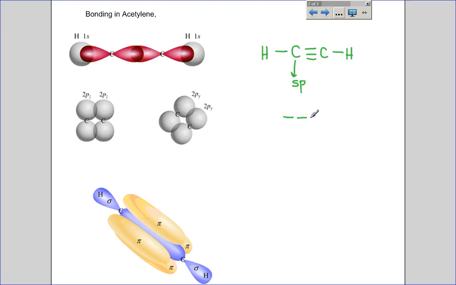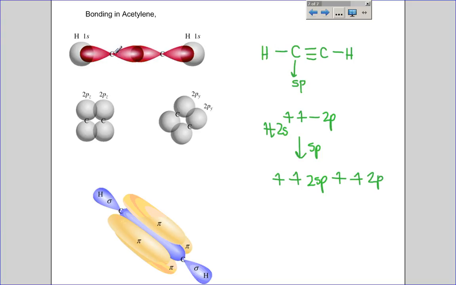So this time, we're going to take our 2s and our 2p. When we have our sp hybridization, we're going to have 2 hybrids that are sp orbitals. And then we're going to have, this time, 2 unhybridized p orbitals.